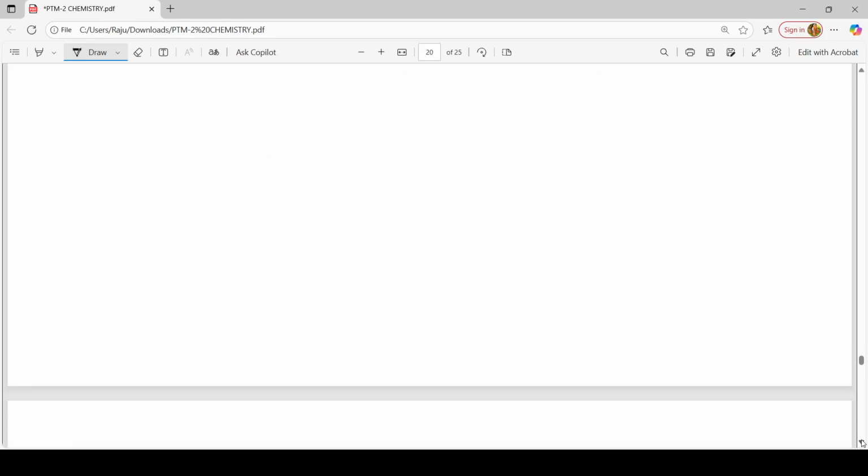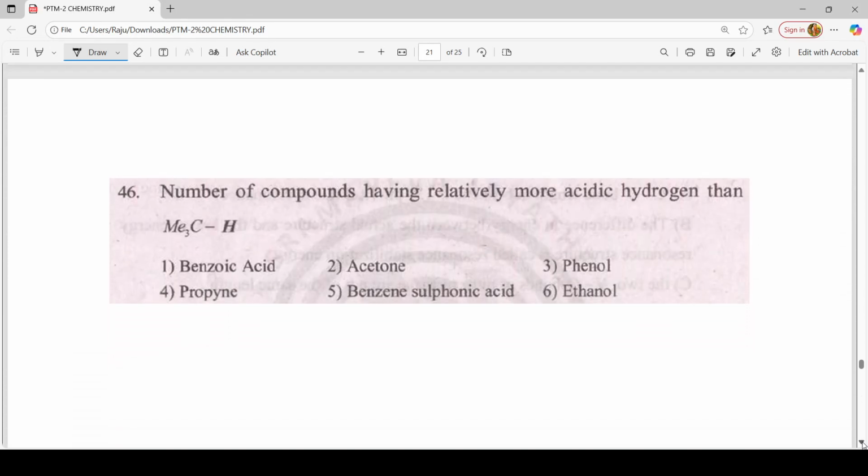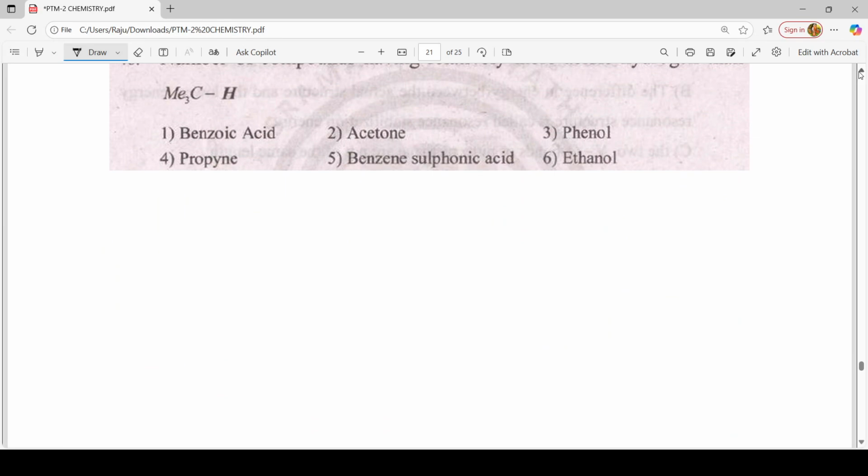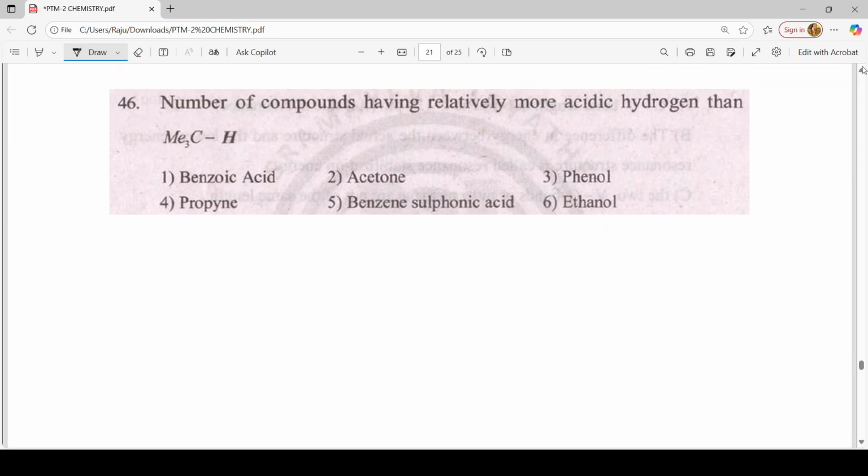Next we'll enter into the integer based questions, students. 46 question, I will say. Generally in the class also I take the question and understand it easily, writing very clearly on paper what is being asked. Try to understand the question here. Number of compounds having relatively more acidic hydrogen than this isobutane, students.